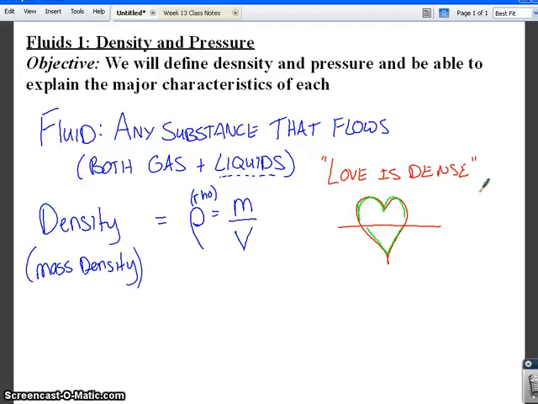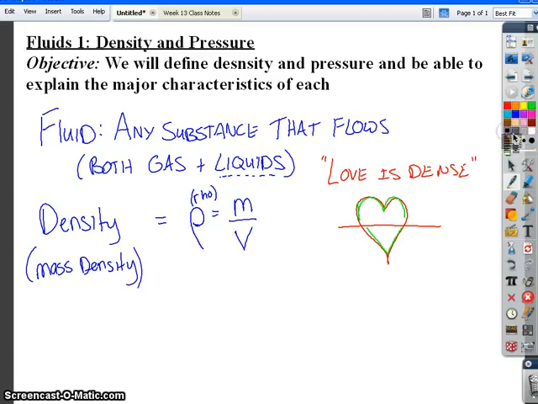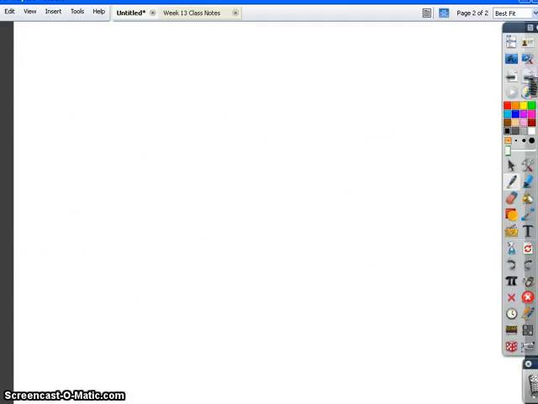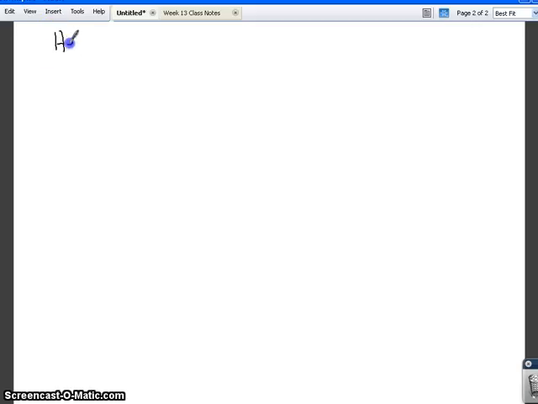Now, density is very easy to confuse with other things. It is easy to confuse density with mass. And this is where we get the very common question of, what's heavier?